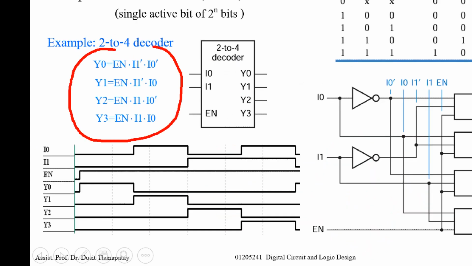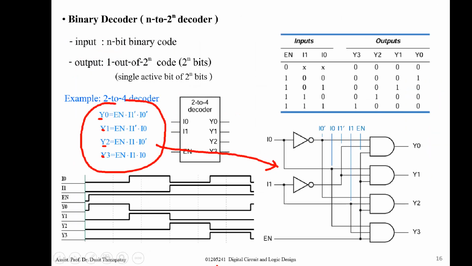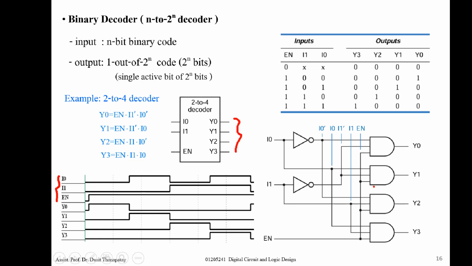When you obtain the equation for all outputs, now you can implement the circuit, maybe by drawing the circuit diagram, bringing the logic gates and connecting them together. After that, you may test the circuit by applying input signals and observing the output signal.